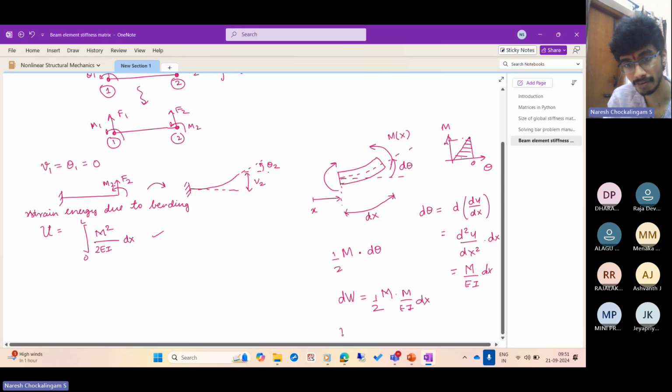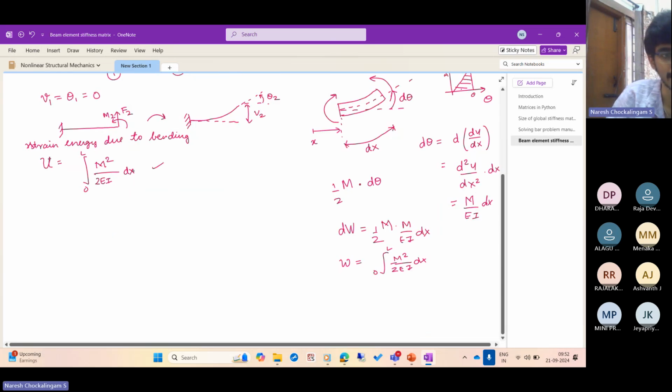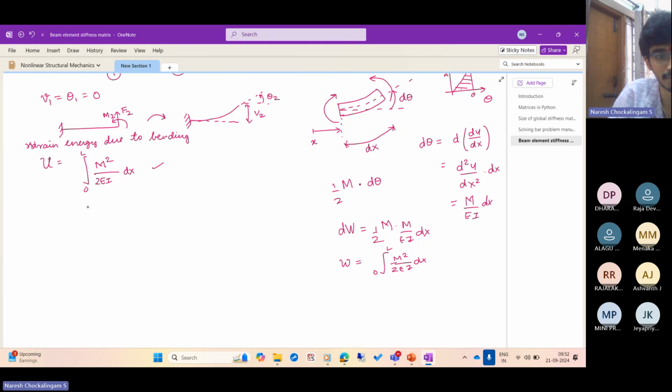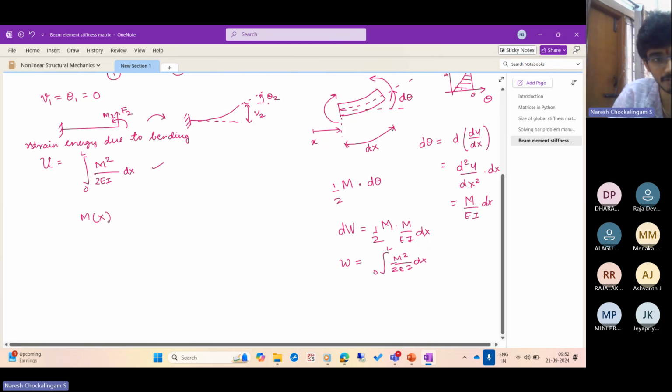So net work done will be equal to the strain energy. So it is integral 0 to L of M square by 2EI dx. Now we are just left with the task of finding what is M of x. What is M of x for this beam? I'll give you the origin from the right hand side. Let's take x like this, just for simplicity. What is M of x for this beam?